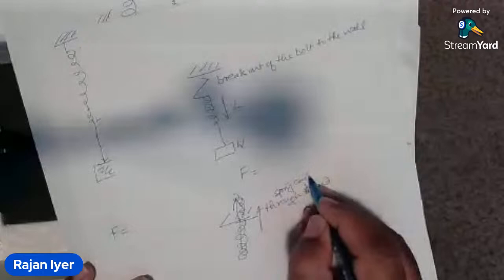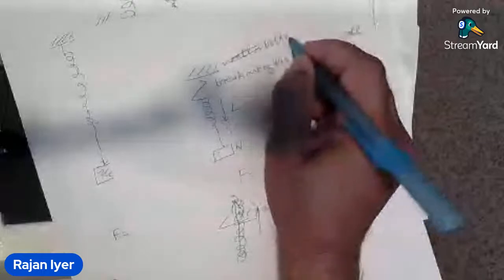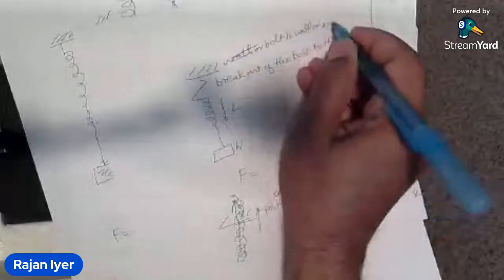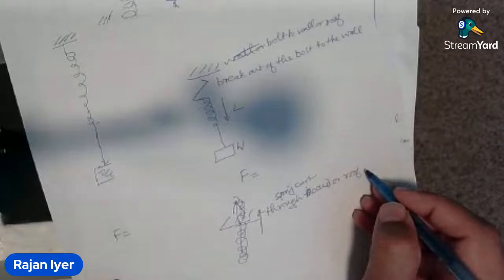But now it is not minus k times x. It is not a good situation, right? This is the wall or a bolt, or roof, the ceiling. Through the board or roof, out of the bolt.